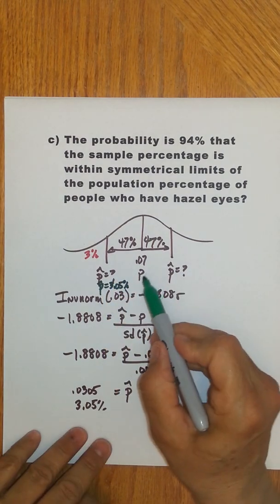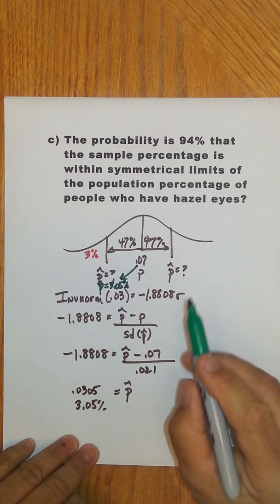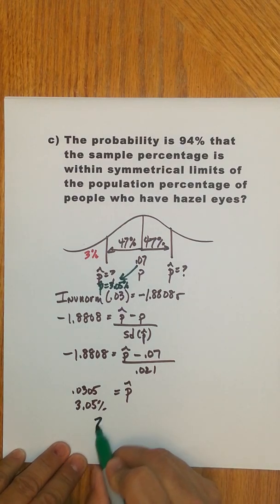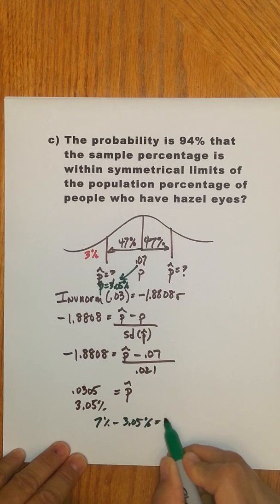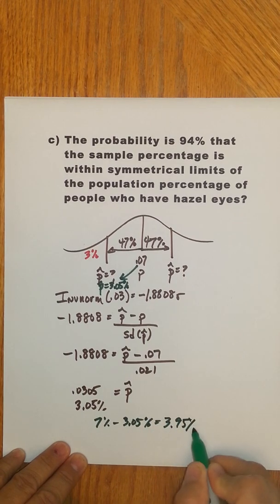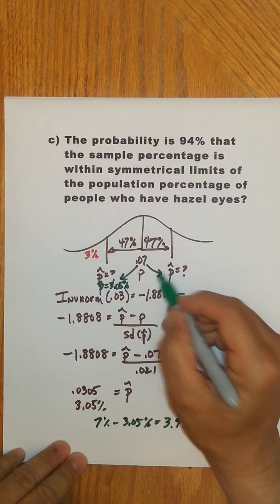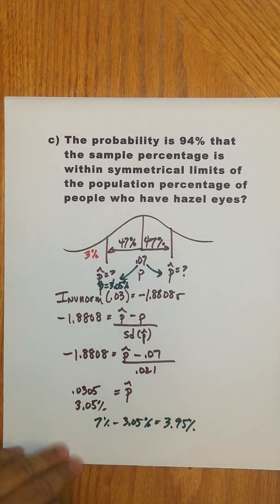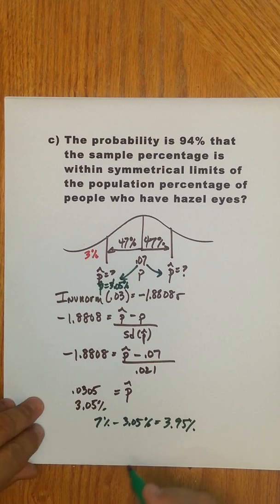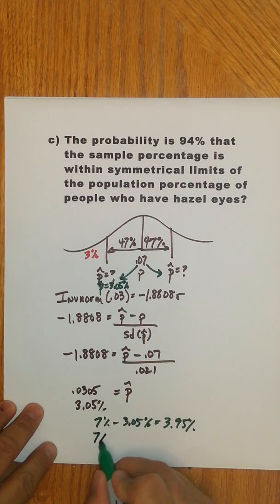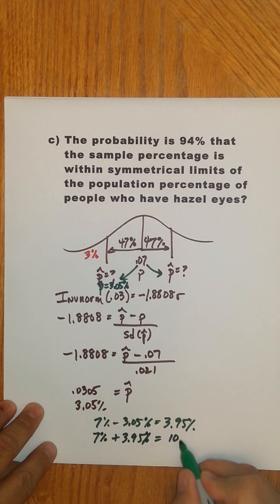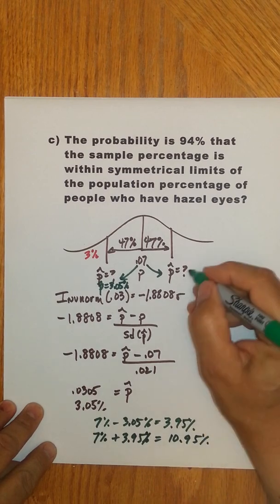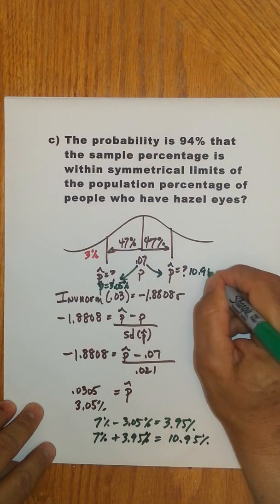We know p is 7%, so how much lower is that? 7% minus 3.05% is a difference of 3.95%. Well, since this is symmetric, I should be able to add 3.95% to 7% and get this p hat. And indeed you can. So if you do 7% plus 3.95%, you're going to get 10.95%. This one is 10.95%.